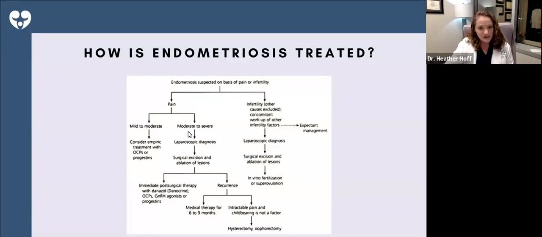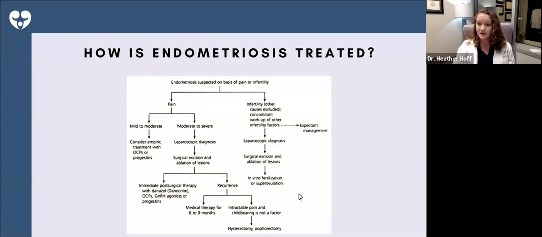If the pain is more severe, then surgery is usually performed to confirm the diagnosis, but also to treat and remove the lesions and any scar tissue. Many times right after surgery, actually these oral medications are started to stop the endometriosis from recurring. If it does recur, then you can go to a longer term medical treatment, often 6 to 9 months.